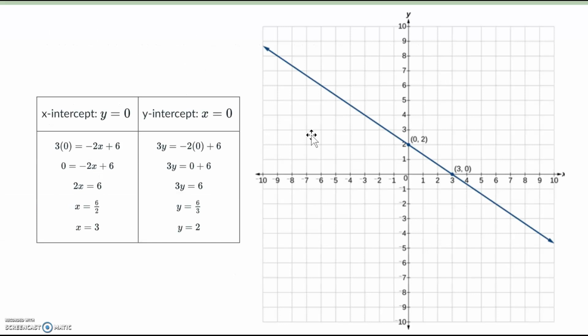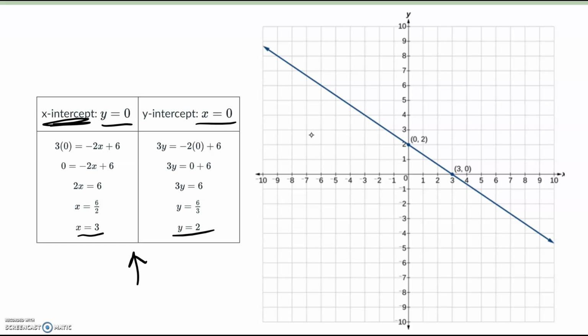So there are our nice and neat calculations. Notice we've got y is 0, x is 3, and we come over to our graph. This was the x-intercept, so it should be crossing the x-axis, and right there is (3, 0). For the y-intercept, x is 0 and y is 2, like we found on the previous slide.